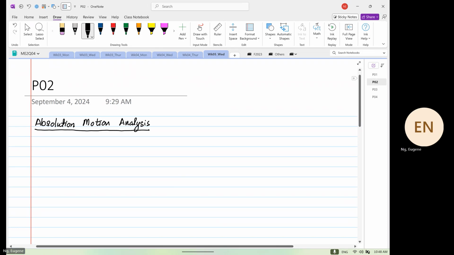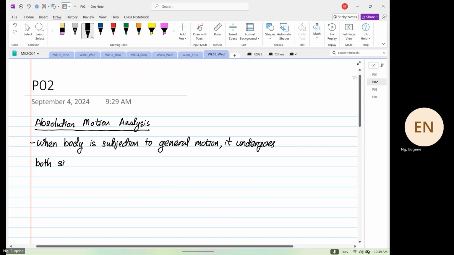So when a body is subjected to general motion, it undergoes both simultaneous translation and rotation.